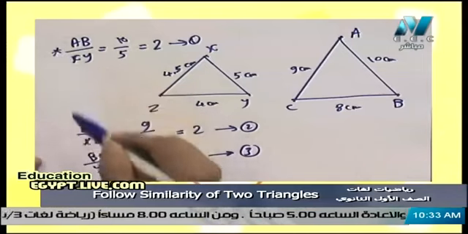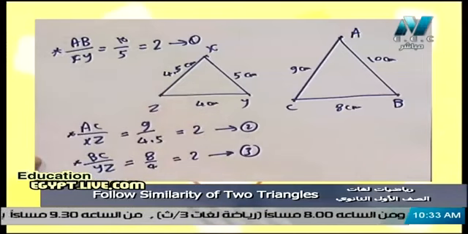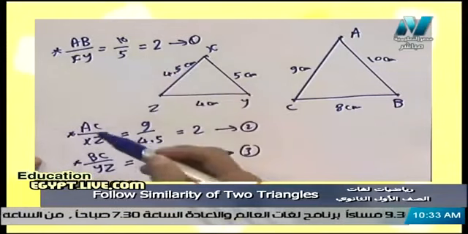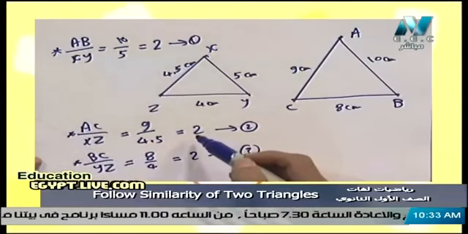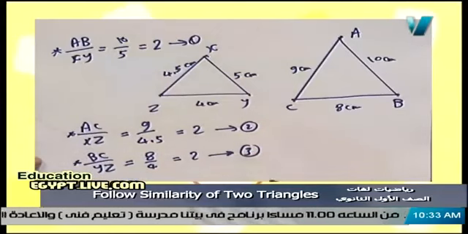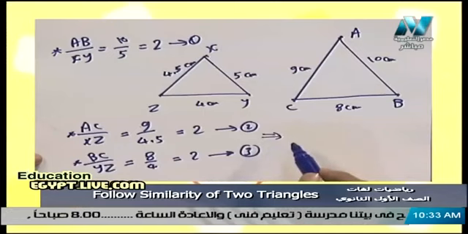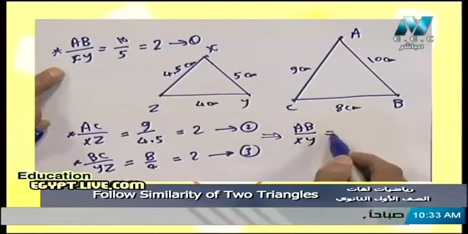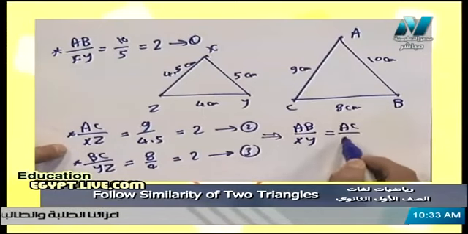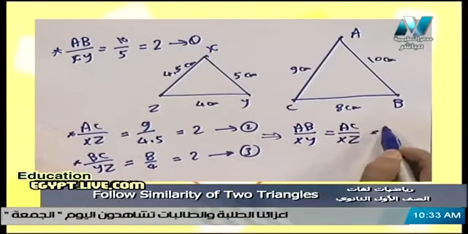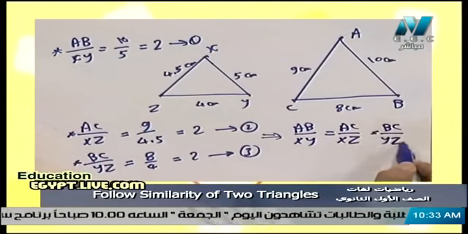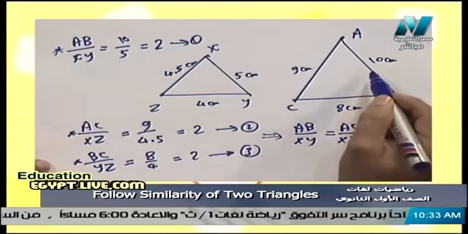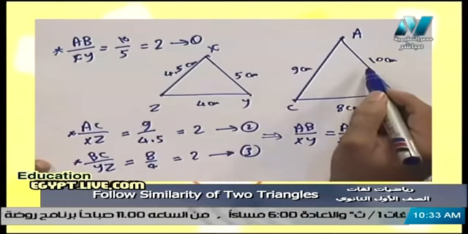From 1, 2, and 3, we will deduce that AB over XY equals AC over XZ equals BC over YZ. Okay, so each two corresponding sides here are proportional.